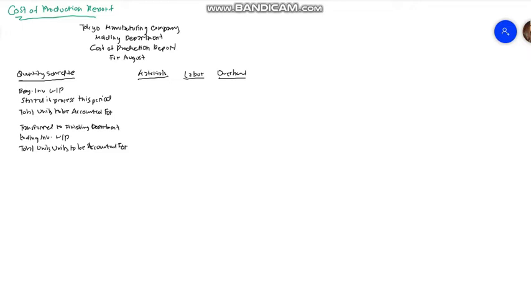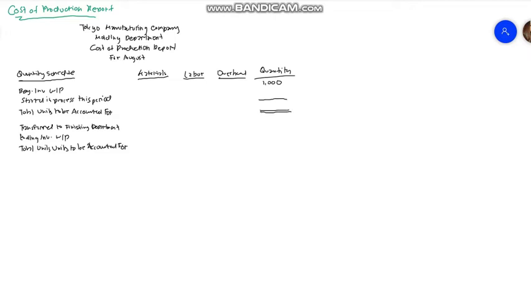Okay, so the quantity is here. Okay. So beginning inventory, this is given. So this is 1,000. Started in process this period is not given, so let's leave it blank for a while. So we don't have the total units to be accounted for.